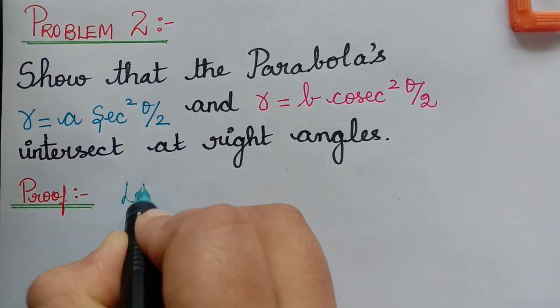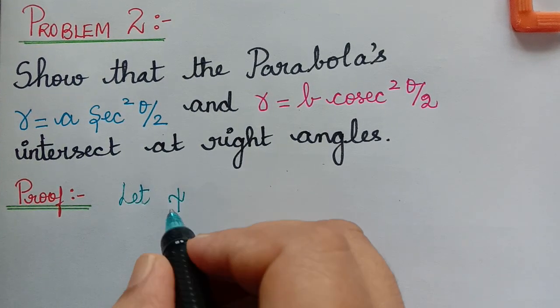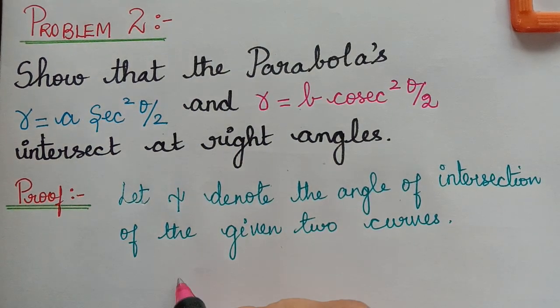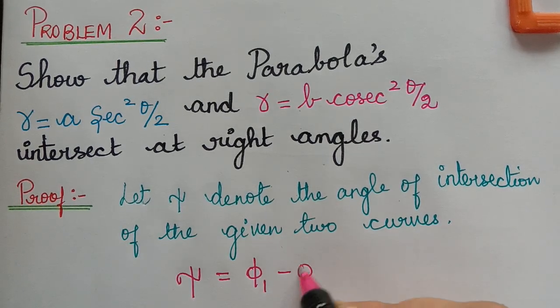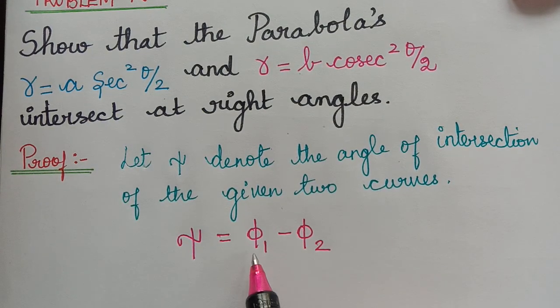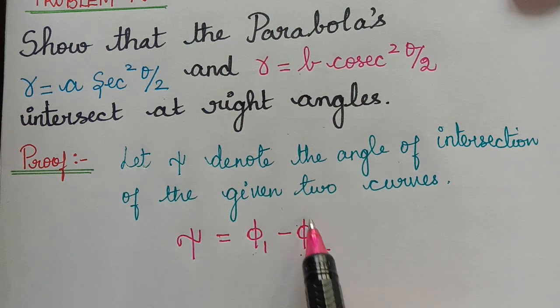First step is, let ξ denote the angle of intersection of the given two curves. If ξ is the angle between the two curves, then ξ will be equal to φ1 minus φ2. So what is φ1 and φ2? φ1 denotes the angle between the radius vector and the tangent at the point of intersection for the first curve, and φ2 denotes the angle between the radius vector and the tangent at the point of intersection for the second curve.